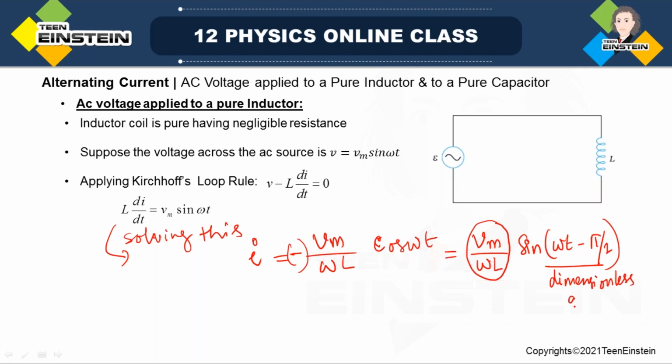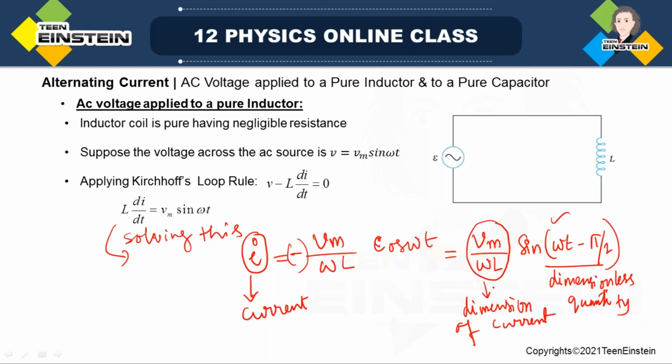On the left hand side, this has a dimension of current, so the right hand side also has to be dimensionally current. Since sine of omega t minus pi by 2 is a dimensionless quantity, the rest must have a dimension of current.